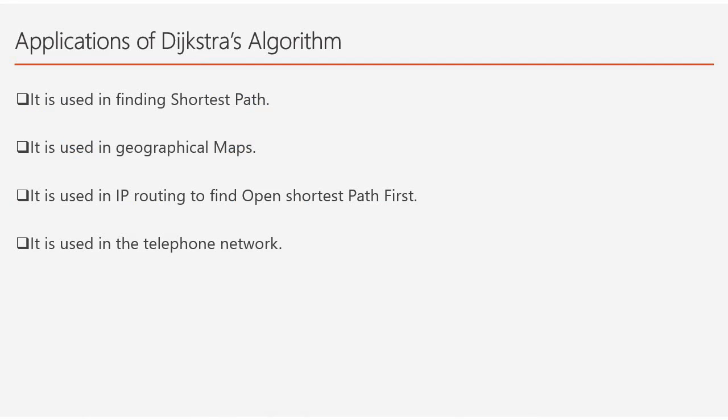It is used to find the shortest path. As you know, we can find the shortest path tree through Dijkstra's algorithm. Next, it is used in geographical maps, that is Google Maps. In Google Maps, if you search the route from Bangalore to Mysore, there would be different paths.